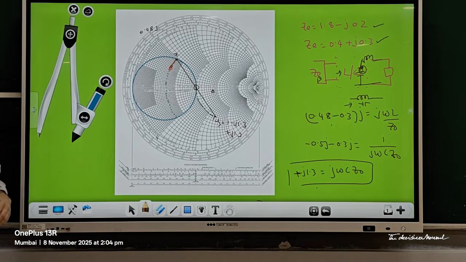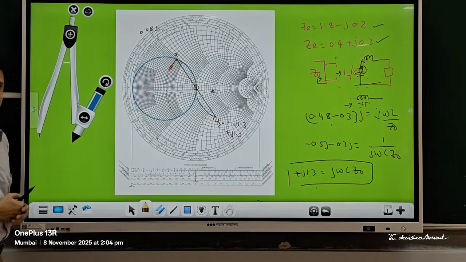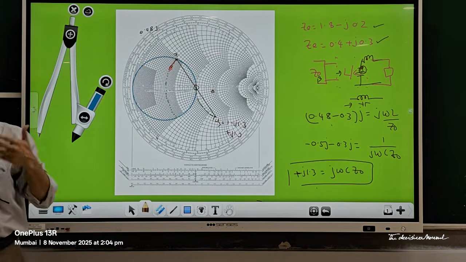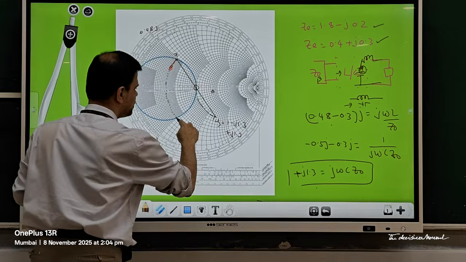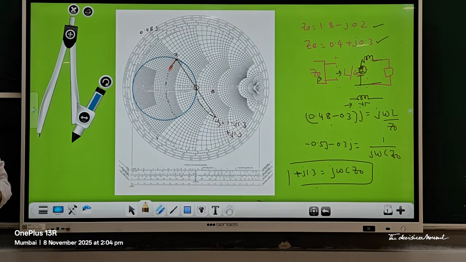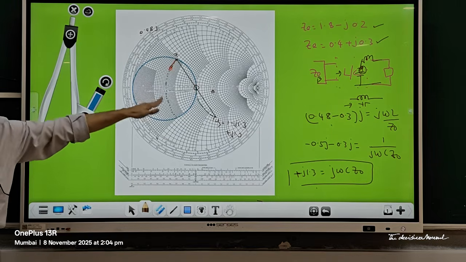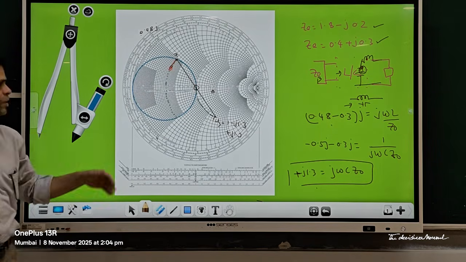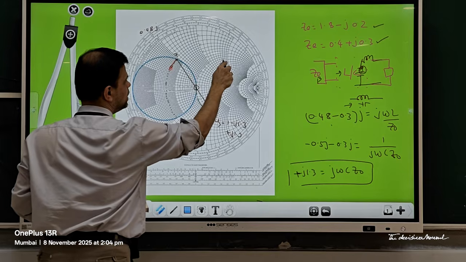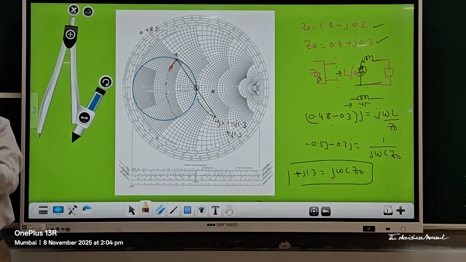If I would have taken the other route, in the previous case I would have added a series capacitor. Then if you take a diametrically opposite point and come on the R1 circle, back on the admittance domain, the admittance over here will be 1 plus JB.